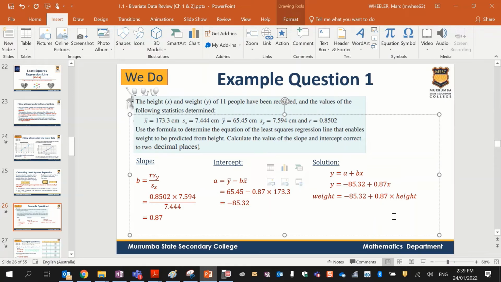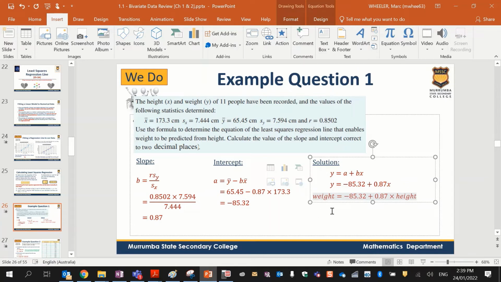So if we knew what someone's height was, if it was, say, 165 centimeters, we can put that in here and put that in our calculator and approximate what their weight would be. We can also approximate someone's height if we knew someone's weight was, say, 70 kilos.